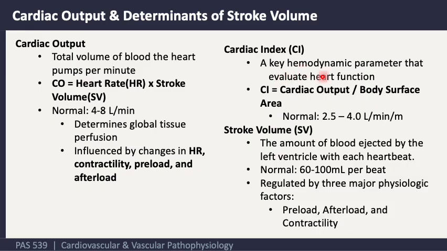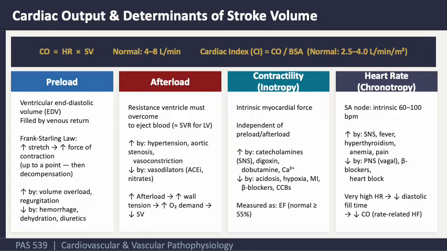It is a key hemodynamic parameter that evaluates heart function. So cardiac index is usually cardiac output over the body surface area. It is normally 2.5 to 4 liters per minute. But from this slide, I do want you guys to know cardiac output as well as stroke volume.